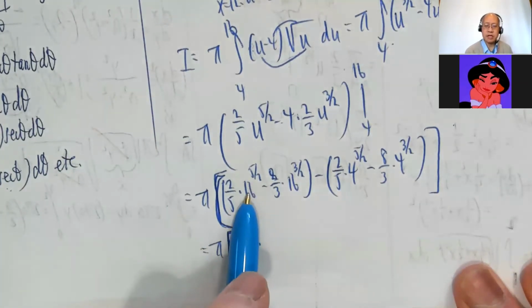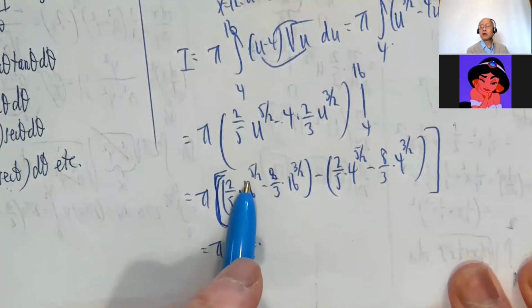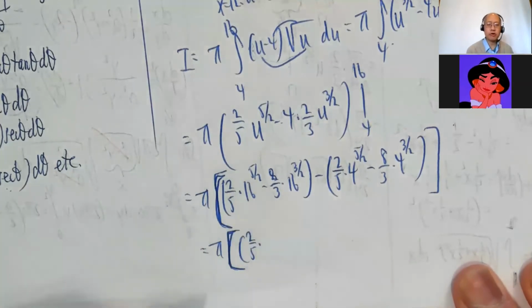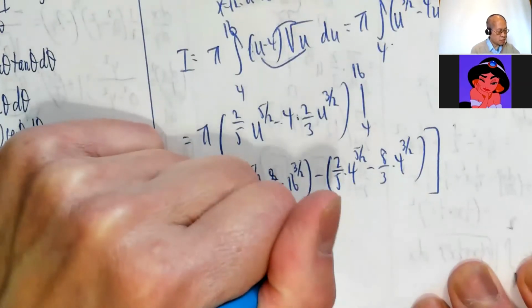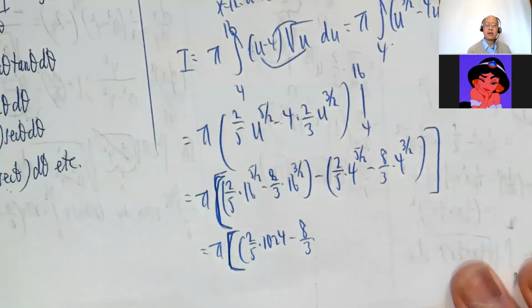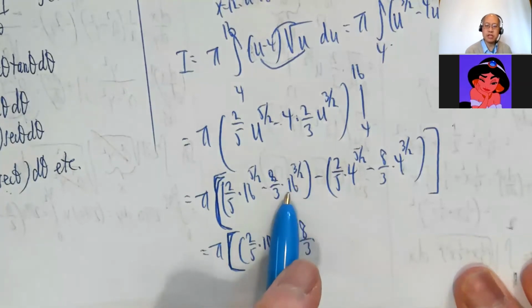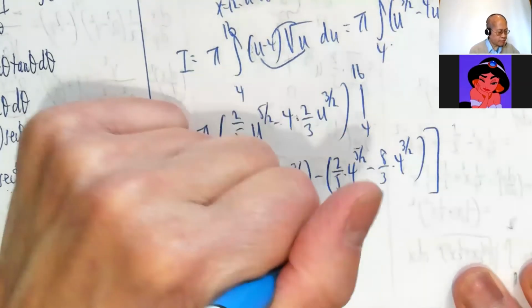16 to 5/2 means square root of 16, which is 4, to the 5th power, 4 times 4 times 4 times 4 times 4. Punch it in your machine, 1024. 16 to 3/2 means square root of 16 is 4, 4 cubed is 64.